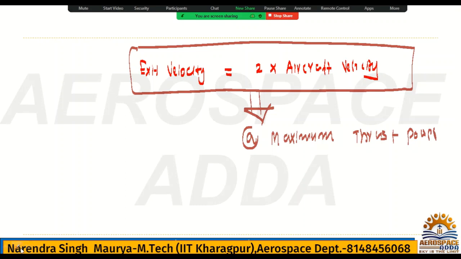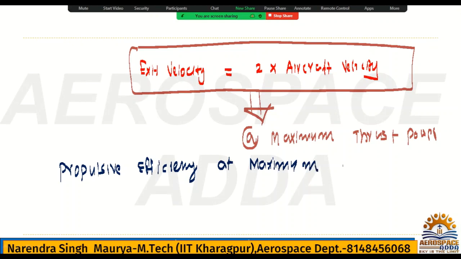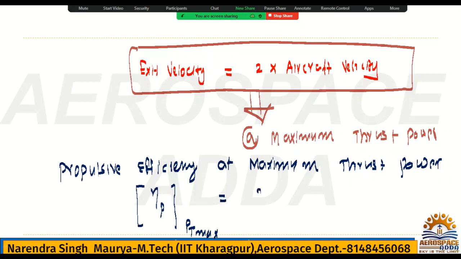Next, this is completed. What is the propulsive efficiency at maximum thrust power? Eta P at PT max is 2 alpha divided by 1 plus alpha. What is alpha here?